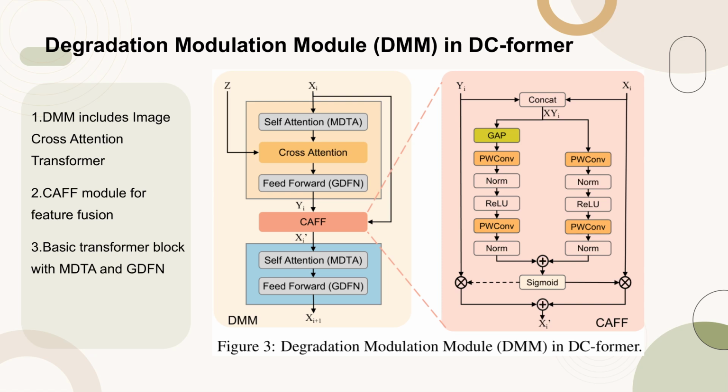The Basic Transformer block incorporates Multi-Dconv Head Transposed Attention, MDTA, and Gated-Dconv Feed-Forward Network, GDFN, for enhanced feature interactions. The CFF module processes feature maps into local and global branches to preserve intricate details and incorporate global context, respectively. This design allows the DCFormer to effectively restore images by considering specific degradation characteristics.